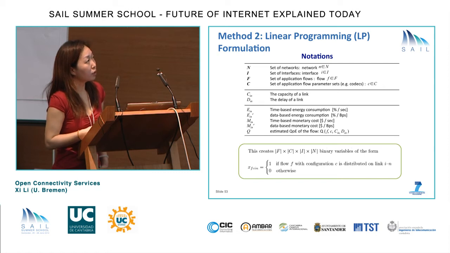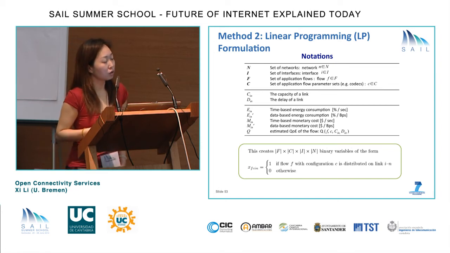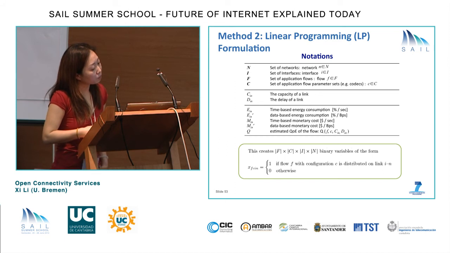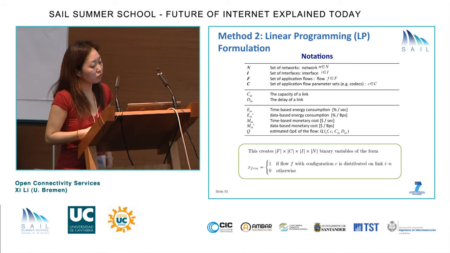So with this problem, we can introduce one variable, defined as X_FCIN, which is a binary value that defines the association of one flow to using a network configuration C and distributed to a link between the interface I and the network N. If this flow is using this link with this configuration, then it will be equal to 1.